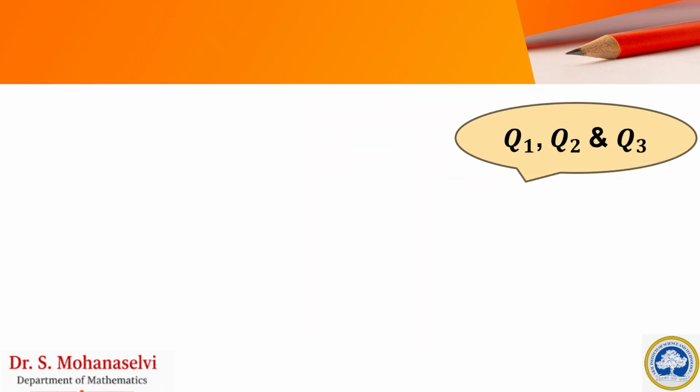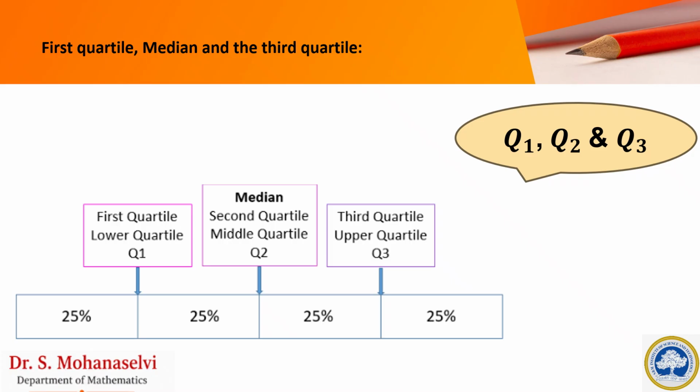Now let us understand the concept of quartiles. Quartiles divide an ordered data set into 4 equal parts, with each part containing 25% of the observations. The first quartile Q1 is called the lower quartile. It represents the point below which 25% of the observations lie. The second quartile Q2 is the median. It divides the data into 2 equal parts, so 50% of the observations lie below it and 50% lie above it.